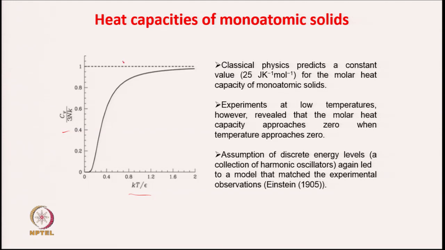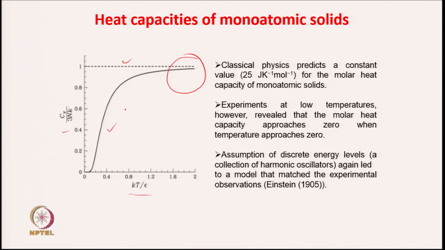Classical physics predicts that Cv by 3Nk should have a value of 1. When you do the experiment at higher temperature, where kT by epsilon is high, the classical physics prediction is right, but at low temperature it fails.